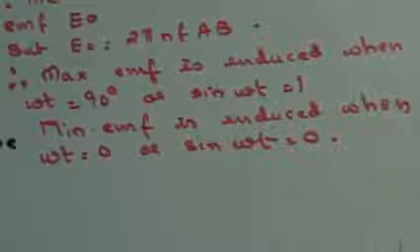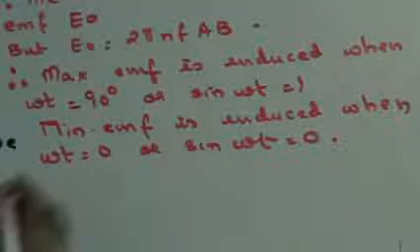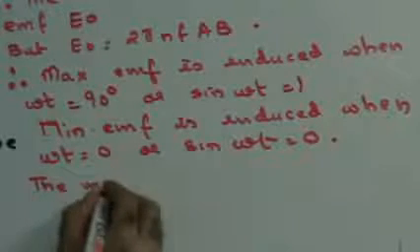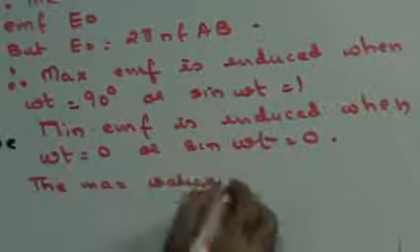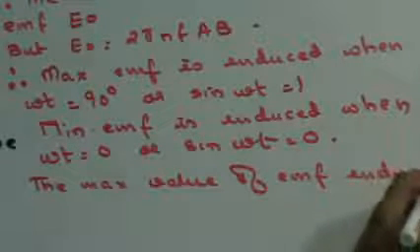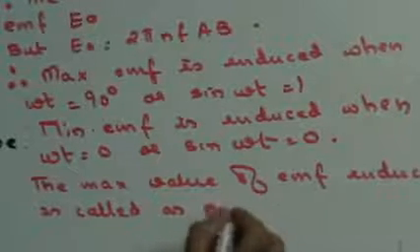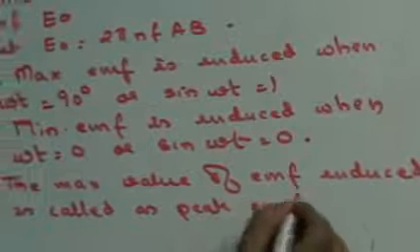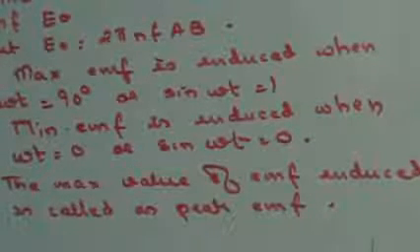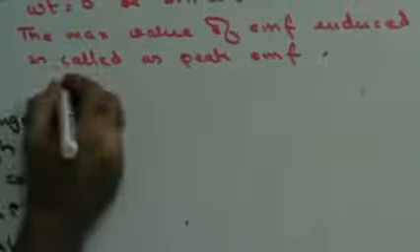Now the maximum value of EMF that is induced is called the peak EMF. So depending upon the variation of omega t, you are going to have EMF induced this way. Let's consider theta is equal to omega t.